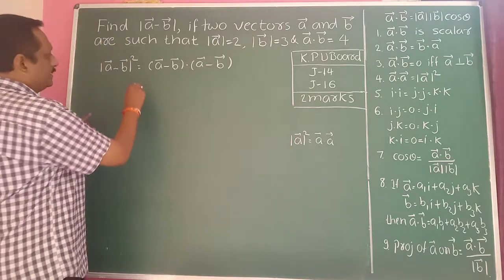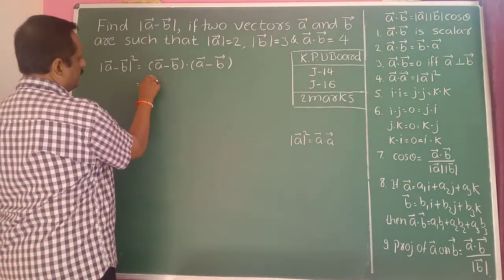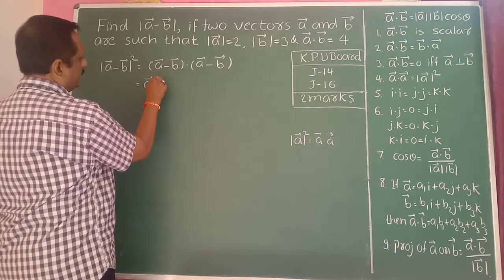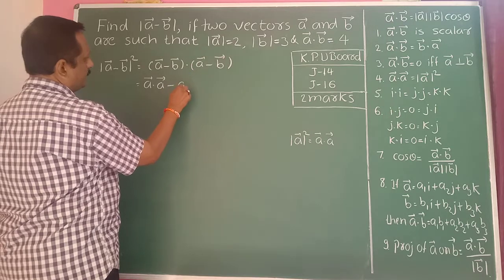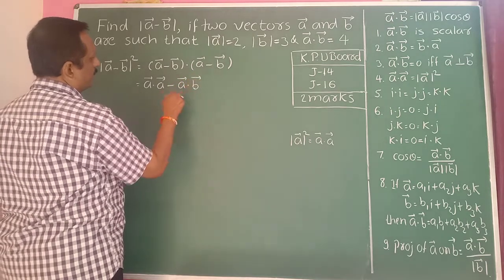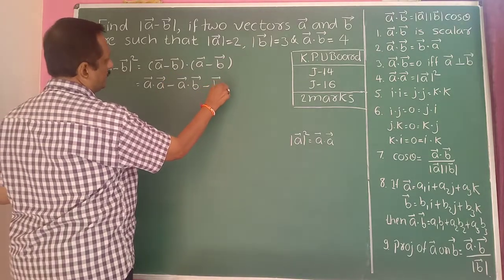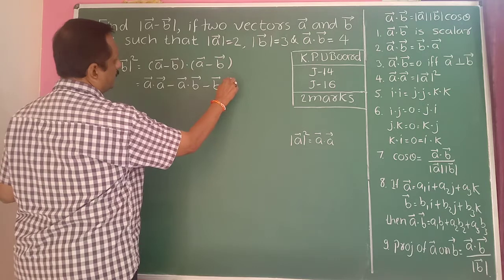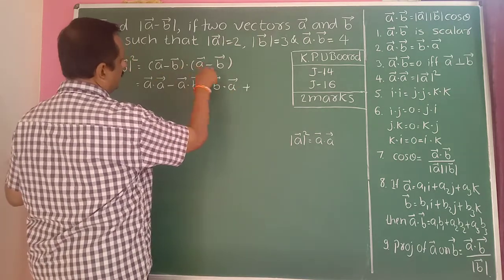Now you multiply it here: a bar dot a bar, minus a bar dot b bar, minus b bar dot a bar, minus into minus becomes a plus, b bar dot b bar.